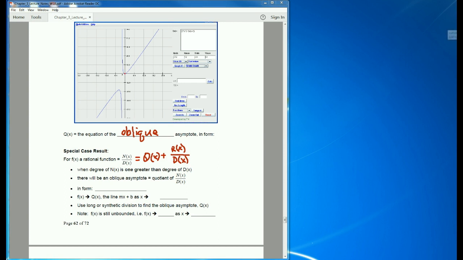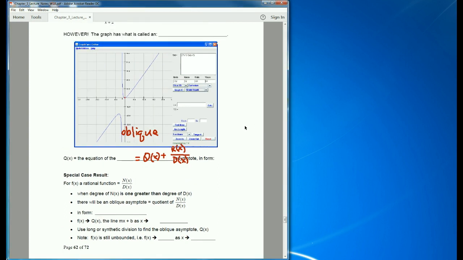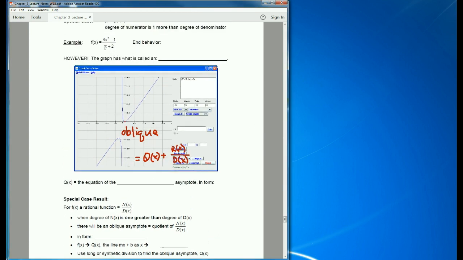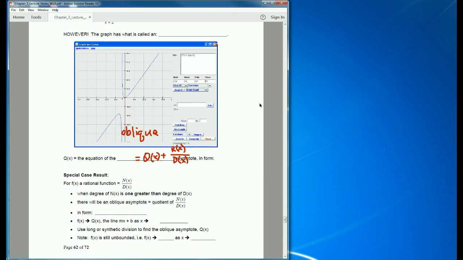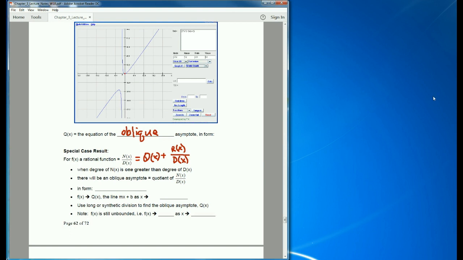Because our denominator is x plus 2, which is the same as x minus minus 2, we can actually use synthetic division on this one. Let's go ahead and do that because it's a little easier.